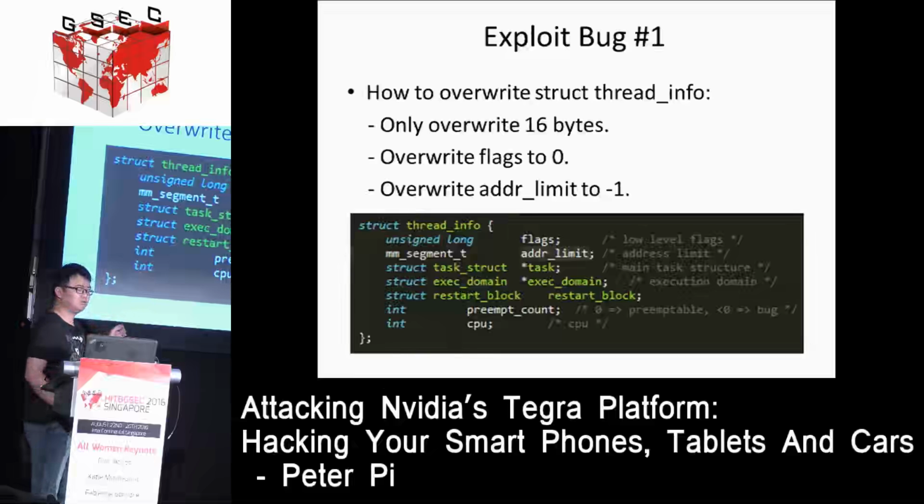And we can control the overwrite content, each time 4 bytes, and the 4 bytes should be 0 or another specified number. So we can overwrite the flex field to 0 and overwrite the adjust limit to -1. We can achieve this by our bug.